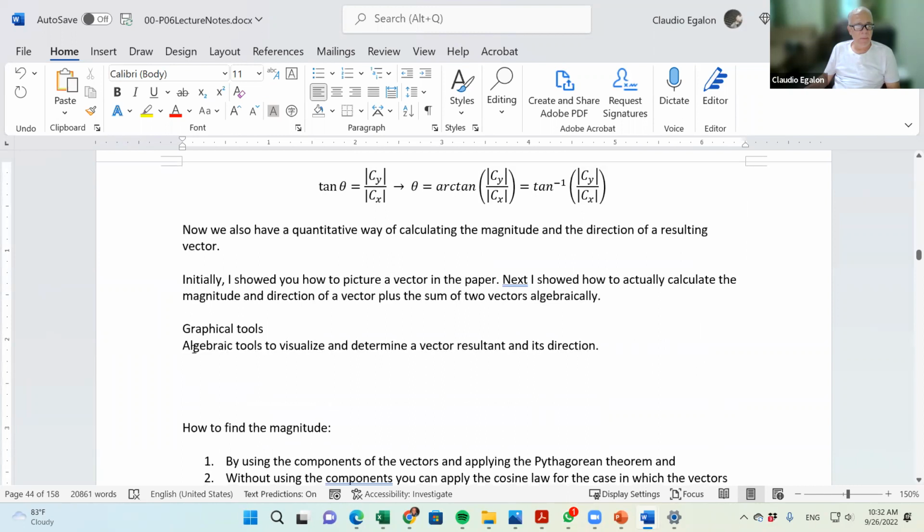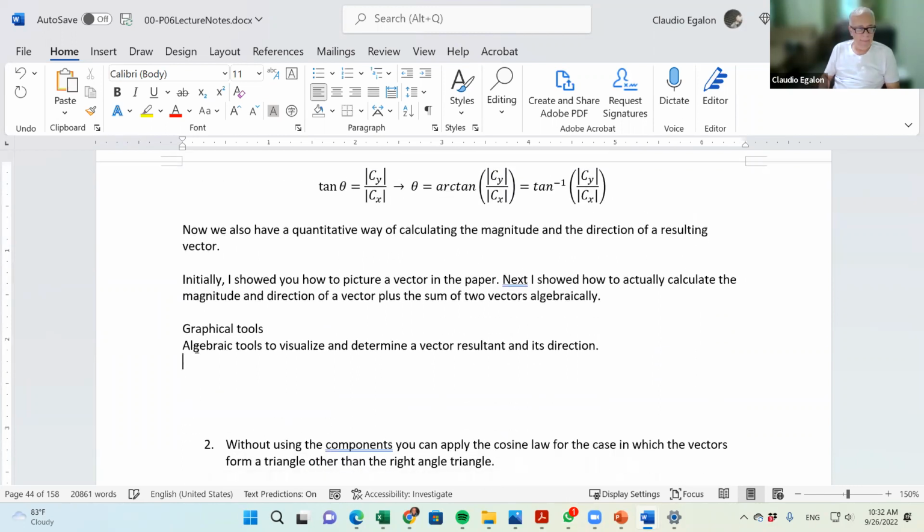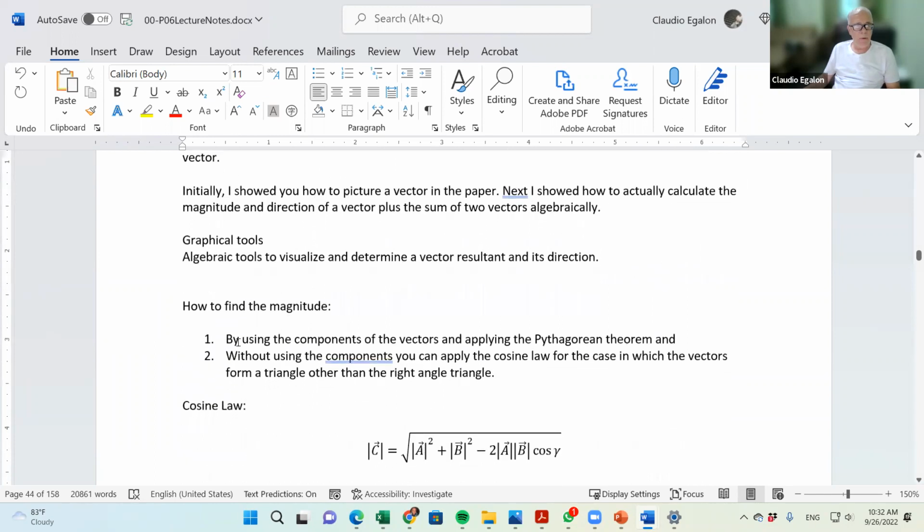This is a summary that we have. And I showed you how to find the components of the vector, x and y components.